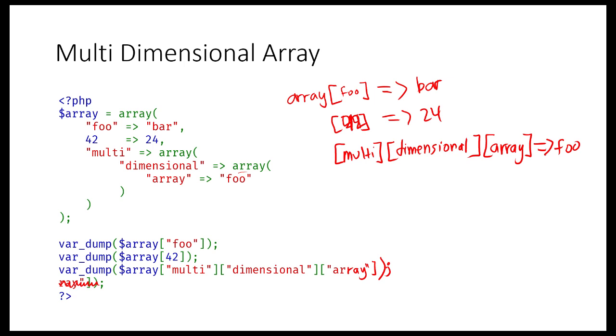So if we call up foo, we get bar, because the array is going to say, oh, what's in foo? Well, it's bar. And if we call up 42, we get 24. And if we call up the multi-dimensional array, it says, well, what's in multi? Well, it's an array. And then what's in this array? Dimensional. So what's in dimensional? It's another array. What's in that array? It's foo. So the answer is foo.